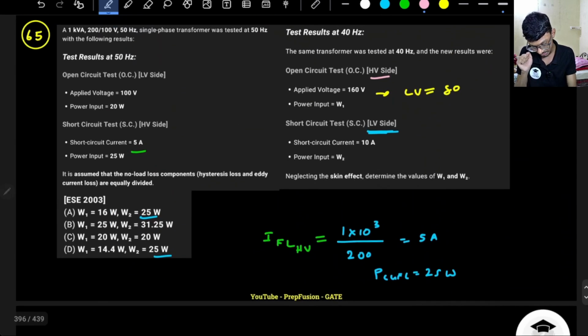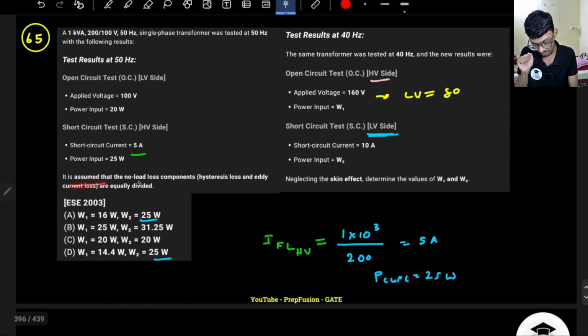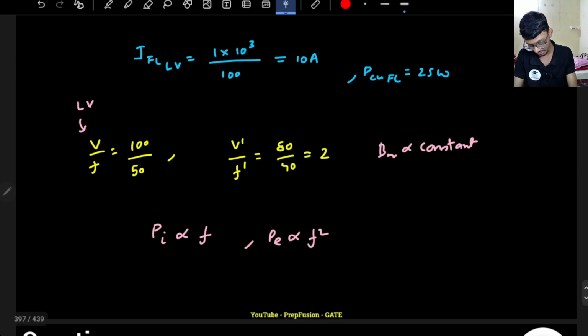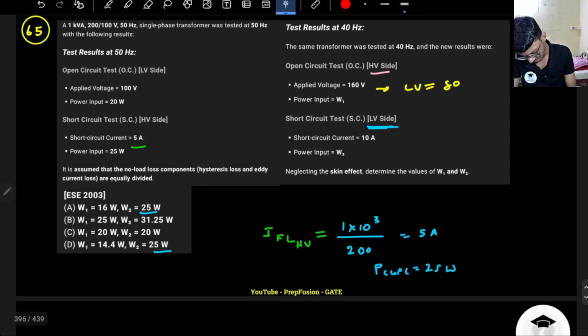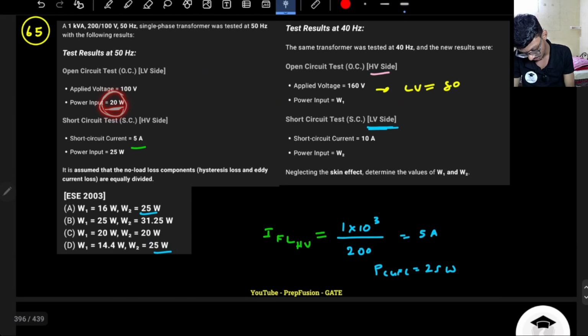Also, they have told me that initially it is assumed that the no load loss components, hysteresis loss and eddy current loss, are equally divided. So here Ph plus Pe will be 20 watts, as we can see when the open circuit test was performed, it was 20 watts.